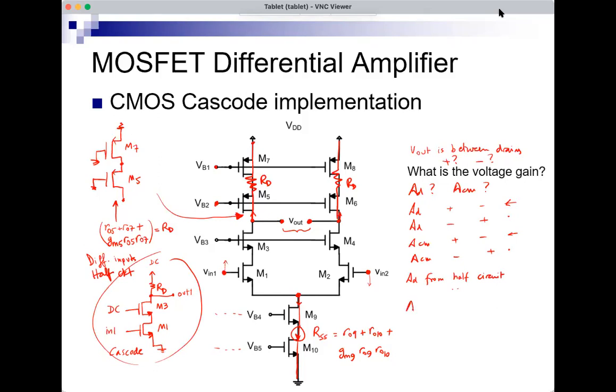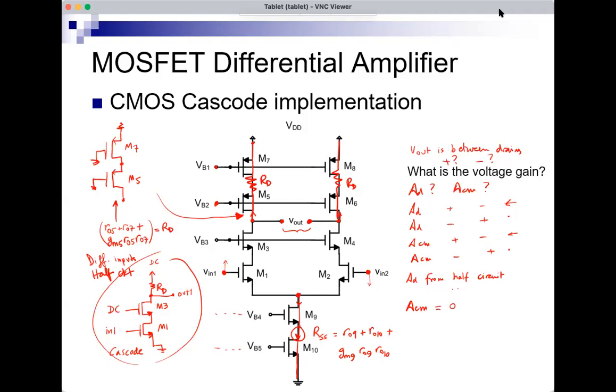What about ACM? Again, we're lucky that the output is taken between the two drains of M3 and M4, because this means that due to the perfect symmetry in the circuit, the voltage at the two drains would be equal when the two inputs are equal. So if I'm calculating ACM with the two inputs being equal, I have perfect symmetry, and the voltage at the drains of M3 and M4 would be equal, and I can just immediately say that ACM is 0.